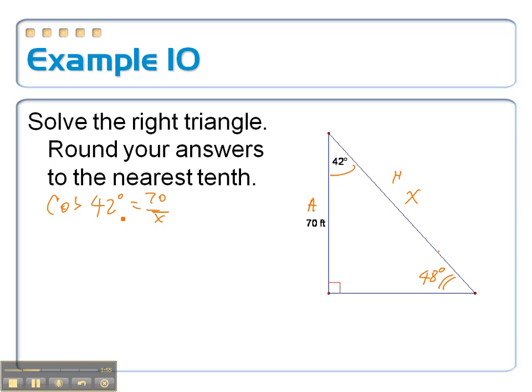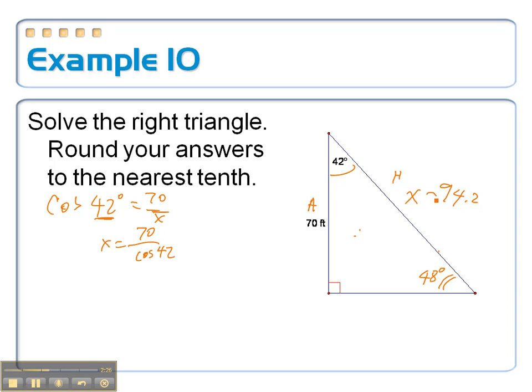Now, notice that we're not finding an inverse here because we already have the angle. We're finding a side, so this is just regular good old-fashioned cosine. If the variable's on the bottom, the shortcut is to switch it out with a cosine, so x equals 70 divided by the cosine of 42, which is about 94.2.